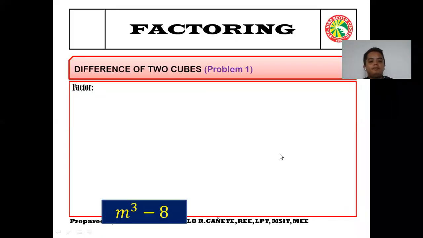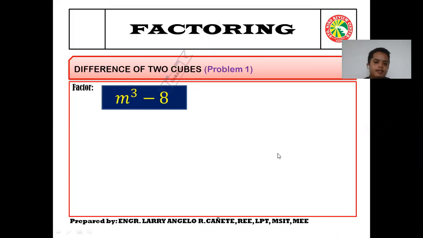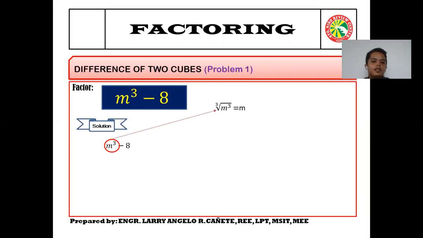So for example, m cubed minus 8. So let's check for the first term. This can be cube rooted. So the cube root of m cubed is m. For the cube root of 8, that is 2. So therefore, that is factorable, provided that the precedence here is minus. So since this is minus, this is also minus here, m minus 2.